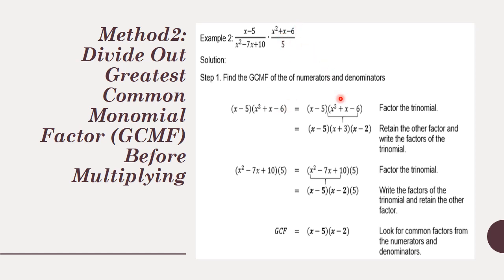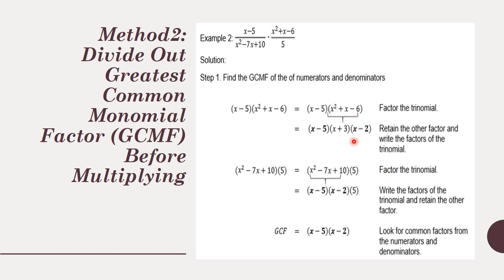You find the GCMF of the two numerators, so we have x minus 5 times x squared plus x minus 6.